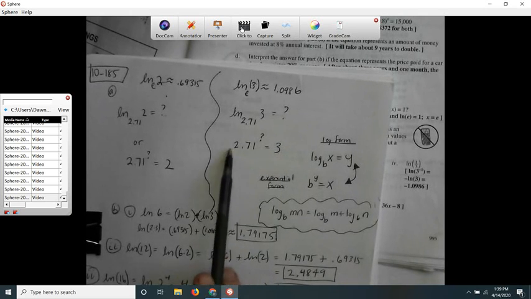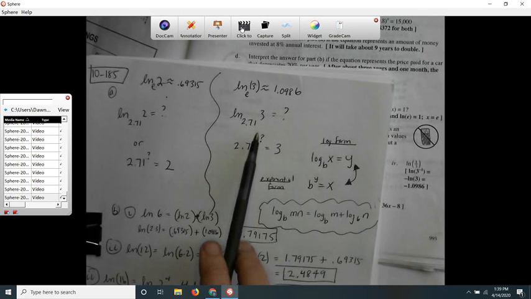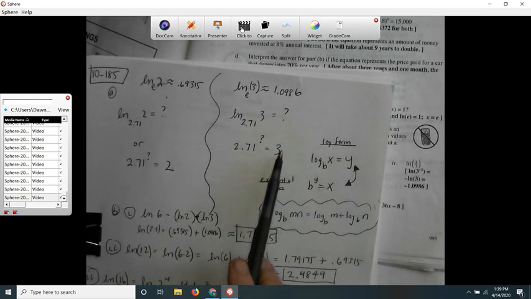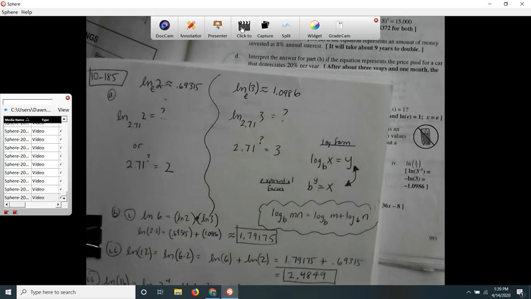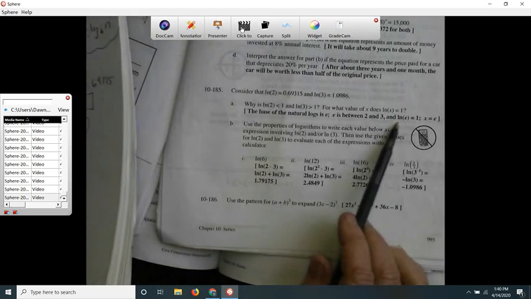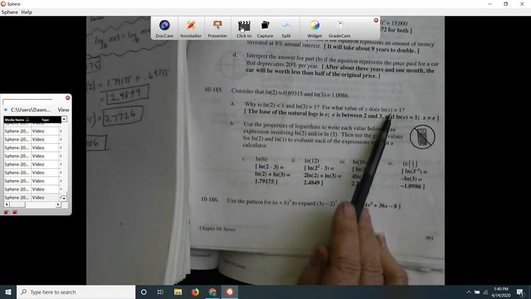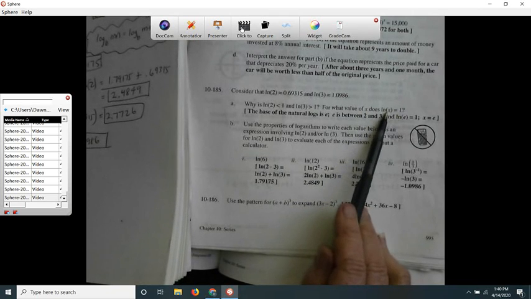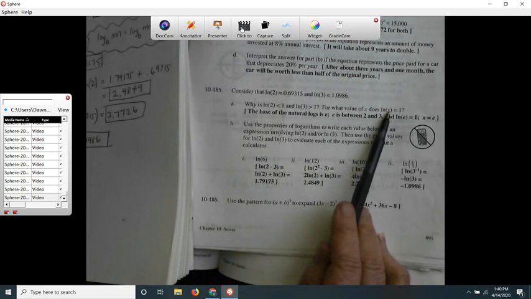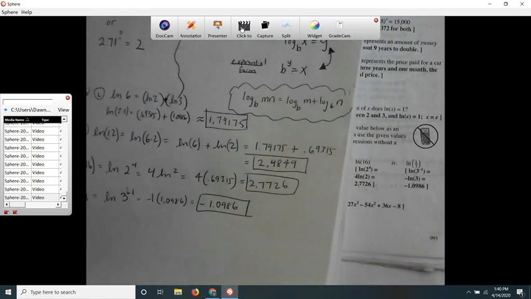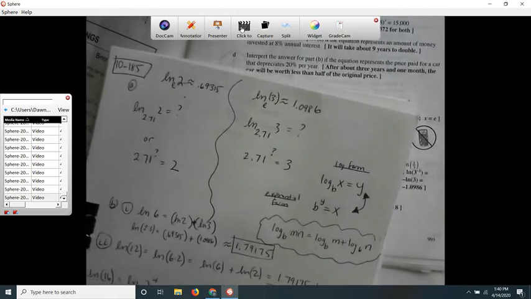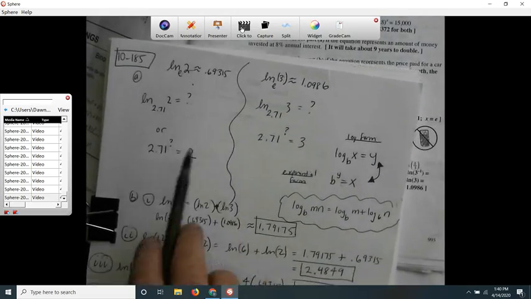So 2.71 raised to something a little bit more than the first power would give me 3. And there was another question they asked: for what value of x does ln x equal 1? Well, it's e. Ln e equals 1. Get out your calculator and mess around with this thing.